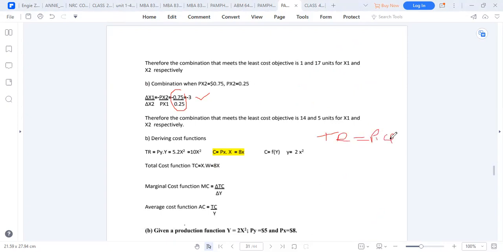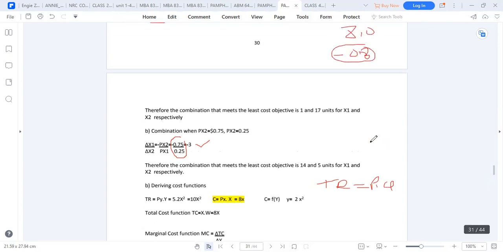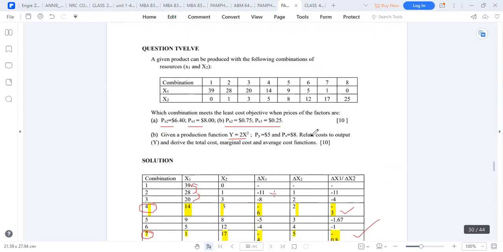In this case, we've been given the function in terms of Y. Let me take my time. People lost 10 marks here. We're given the production function as Y equals 2x squared.